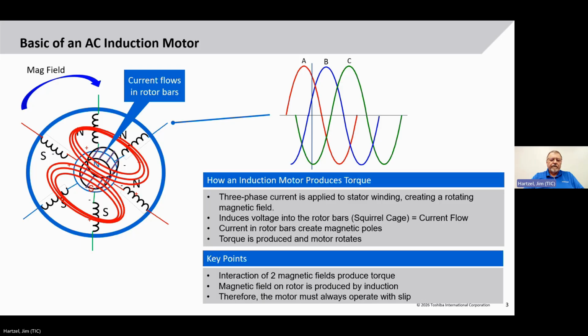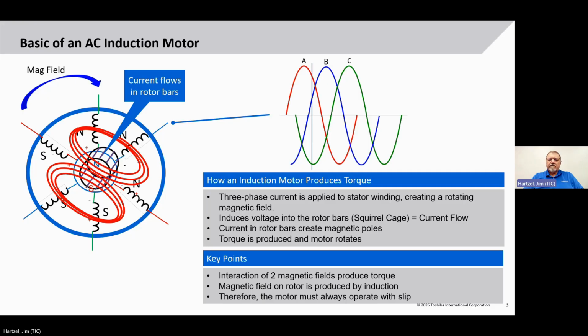If you look, you can see the stator windings. And in the middle, you see the squirrel cage winding that's part of the rotor of the induction motor. Now here we have 3-phase AC, and as we apply that to the stator, we're going to get a magnetic field generated.